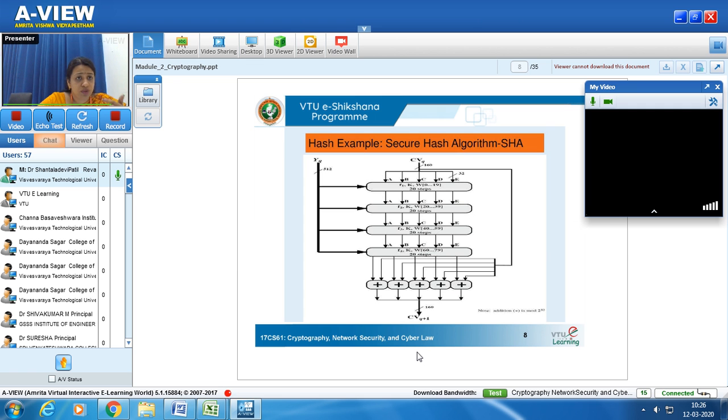Along with that we have a new constant K3, which is applicable to the third stage's 20 steps, and words from the array 40 to 59 are used for this particular stage. And similarly, the output of all of these registers is again added modulo to the given input, in order to get the actual hash of 160 bits.